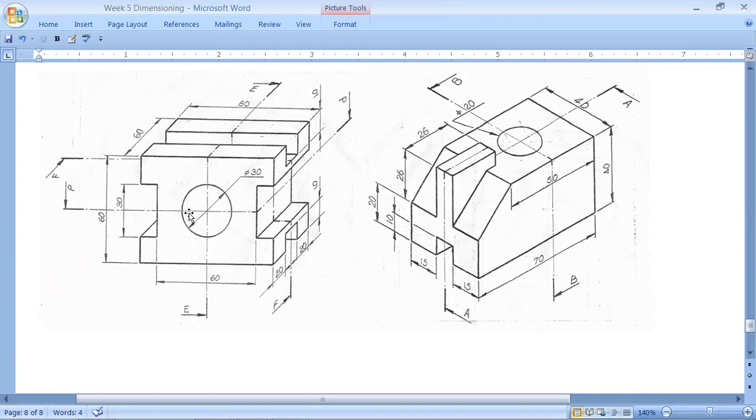Meaning with these two drawings, we're going to be able to practice when we are doing orthographic projection, front and plan view. We're going to be dimensioning like this, right? This is for three examples of orthographic projection dimensioning in horizontal and vertical positions.